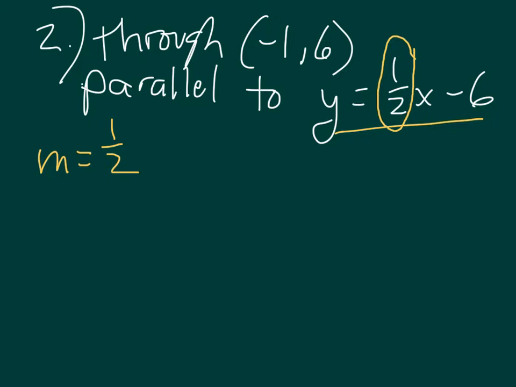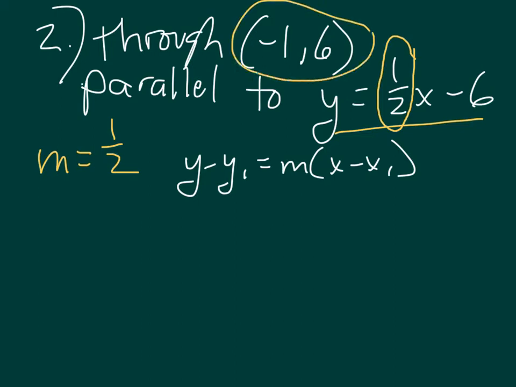So using that 1/2, I now use the point-slope form, y minus y1 equals m times x minus x1, to get my equation of the line in slope-intercept form using this point right here. So here we go.